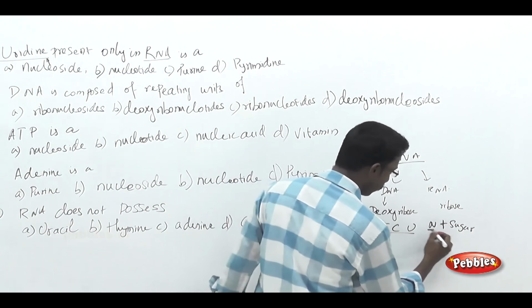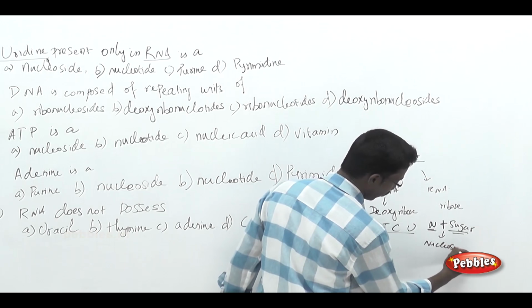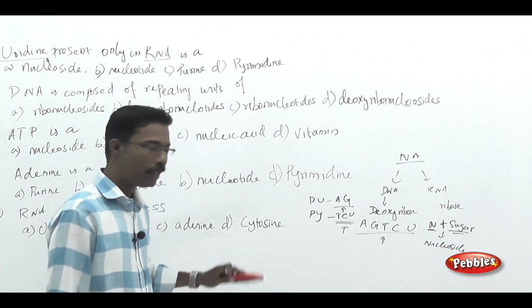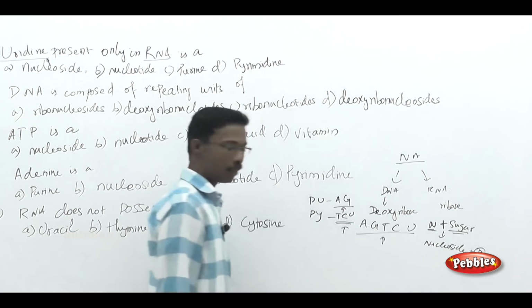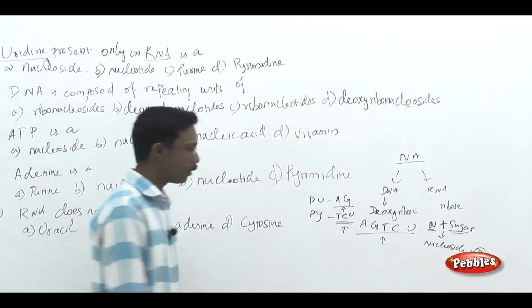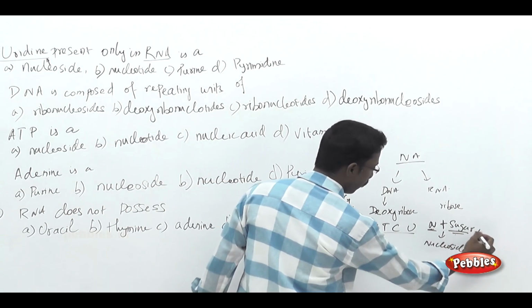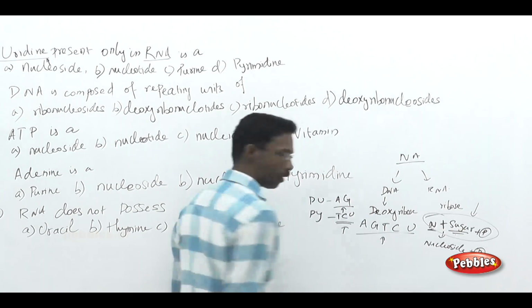So the nitrogenous base plus the sugar is called a nucleoside. Then what is a nucleotide? Plus a phosphate group, by means of the phosphodiester bond. A nitrogenous base plus sugar plus a phosphate group, these three together form a structure called a nucleotide.